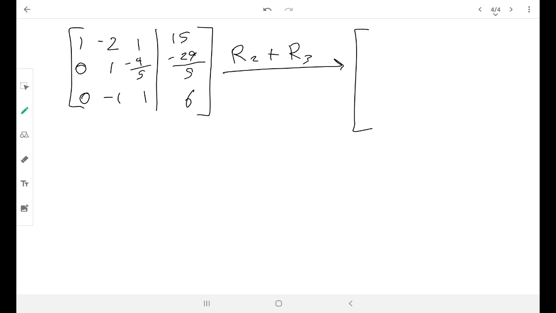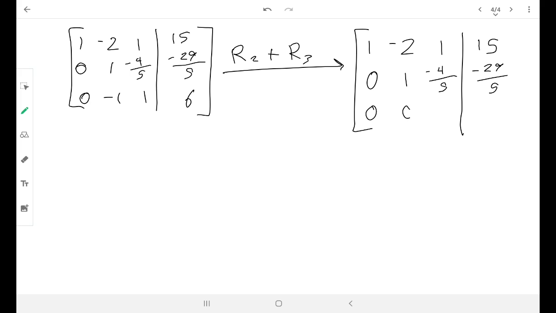That won't change row 1. That won't change row 2, remember, because I'm going to do and undo immediately. And then what it is going to do, though, is 0 plus 0 is 0. 1 plus negative 1 is also 0. And then negative 4 fifths plus 1 is negative 4 fifths plus 5 fifths is 1 fifth.